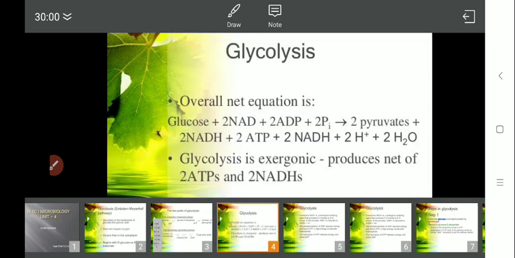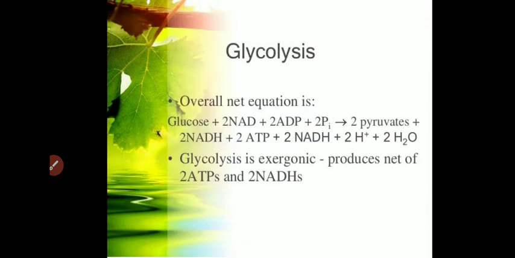Here you can see the overall net equation for all the 10 reactions: glucose plus 2 NAD plus 2 ADP plus 2 phosphates are converted to 2 pyruvates, and energy is released in the form of 2 NADH plus 2 ATP, and water molecules are released.